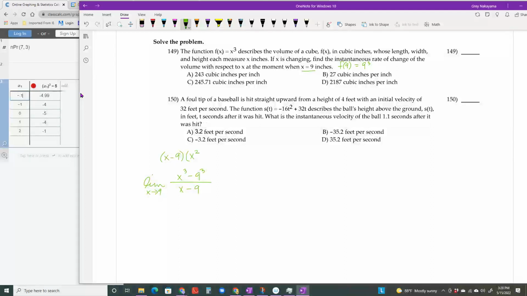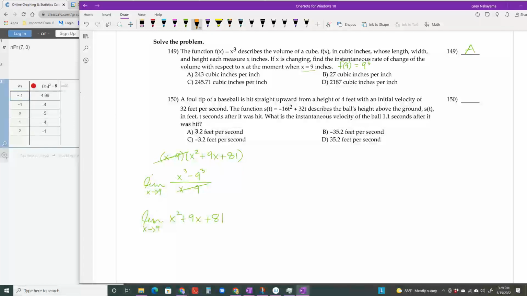You square the first term, change the sign, multiply them together, and square the last term. So this is going to cancel out, and I'm looking at the limit as x approaches 9 of x squared plus 9x plus 81. When you plug 9 in that, you actually get 243. So the answer is A.